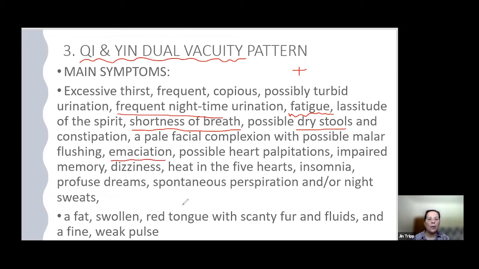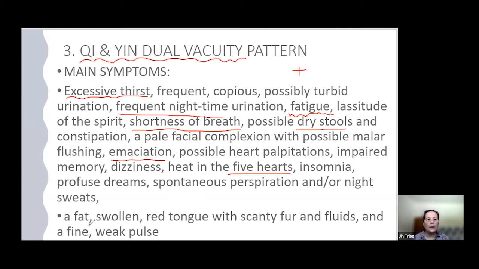And also possibly other symptoms like five-center heat, insomnia, dreams, so that's some combination of qi deficiency and yin deficiency symptoms together. And then patient thirst. So these deficiency kind of patients still feel thirsty, but each time they do not drink too much because of deficiency.